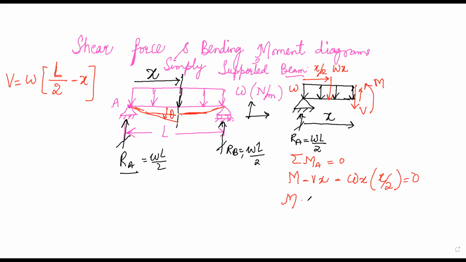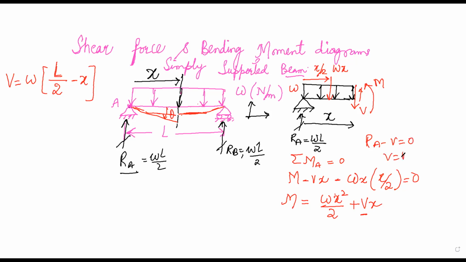Therefore M becomes equal to Wx squared by 2 plus V of x. Now this V is the shear force. If you apply the equation of equilibrium on the section, you will find Ra minus V is equal to 0.